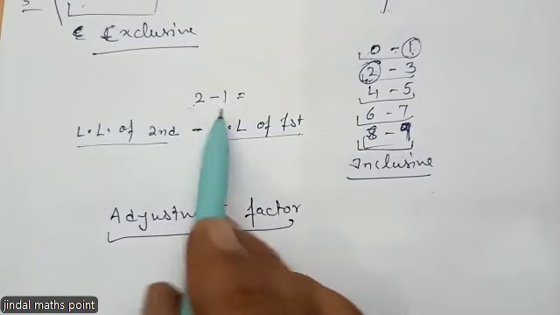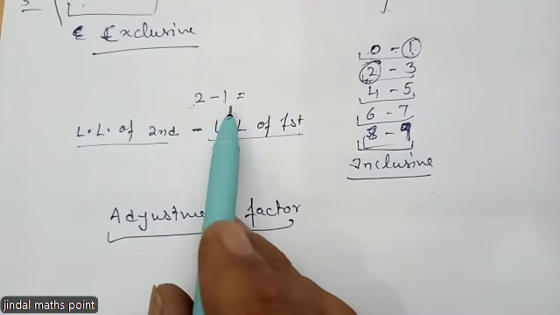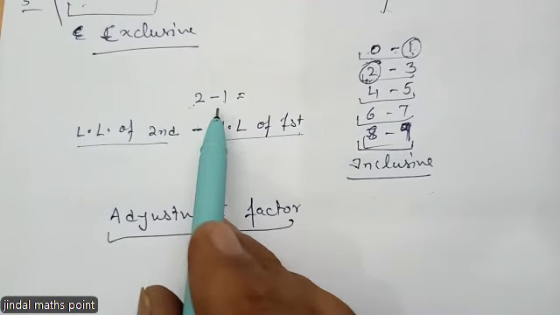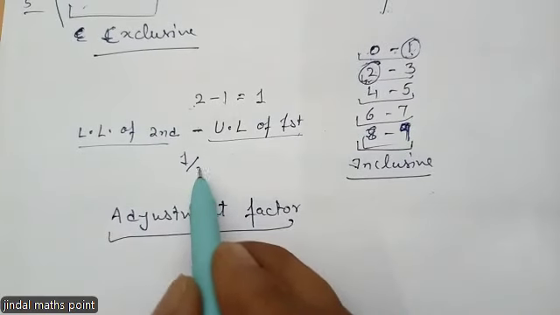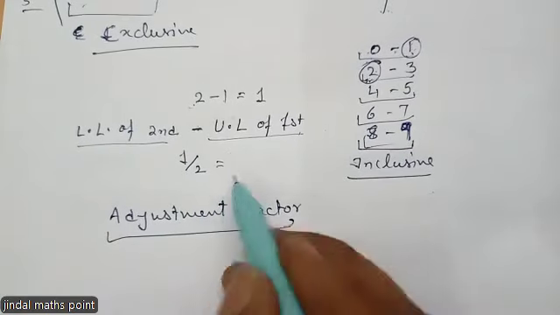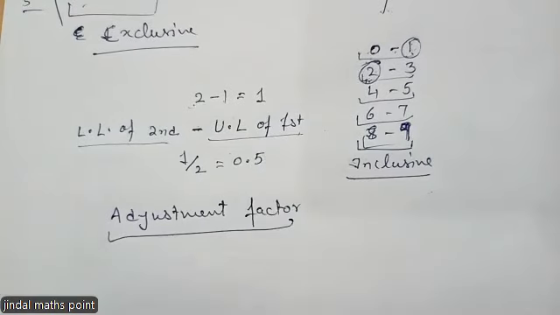What is the difference? 2 minus 1, Evelyn? 1. What is 2 minus 1? 1. Divide it by 2. 1 upon 2, we get 0.5.